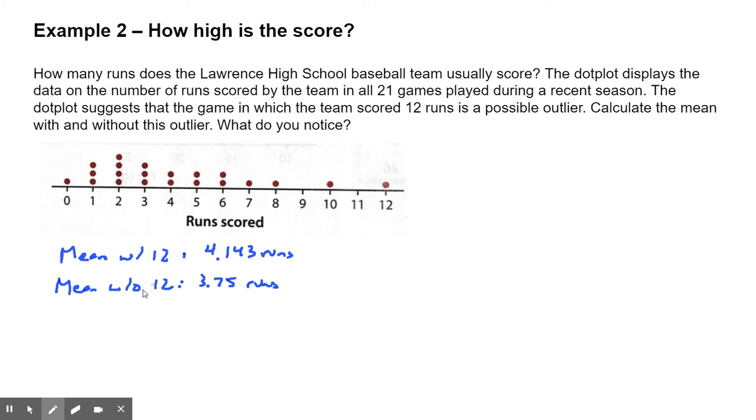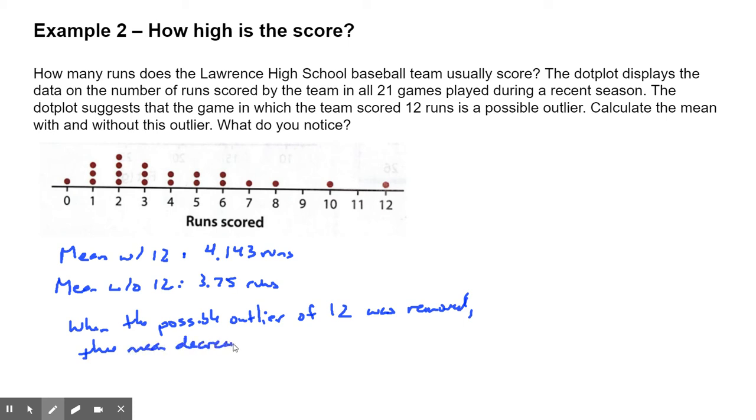So I'm going to say something like, when the possible outlier, oh sorry, that's bad spelling, outlier, I'm getting ahead of myself. When the possible outlier of 12 was removed, the mean decreased from 4.143 to 3.75 runs.